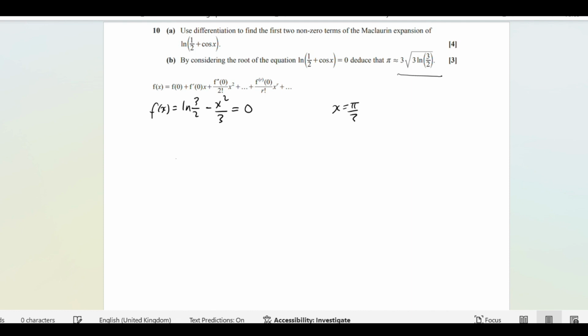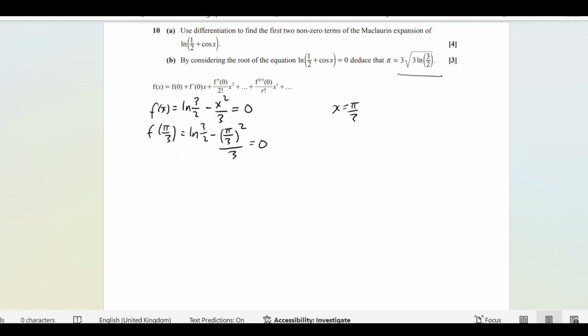Now, we plug f of pi over 3 here, and you get that ln 3 over 2 minus pi over 3 all squared all over 3 is equal to 0. So now we just have to manipulate the algebra a bit. Obviously, this should be approximately, because a Maclaurin expansion is an approximation, especially when we've only done it to 2 terms.